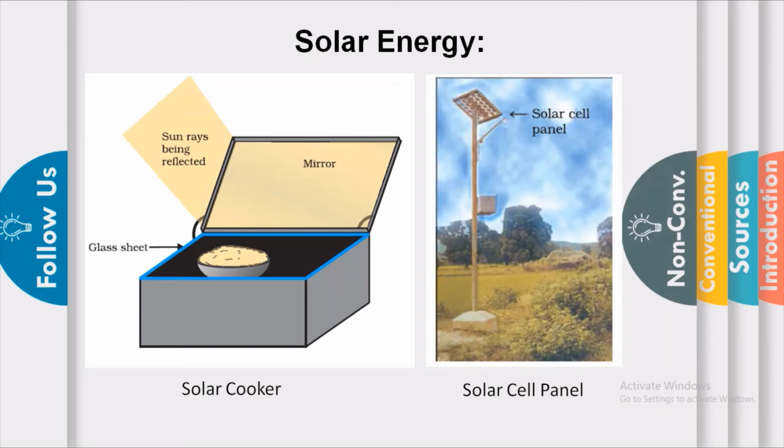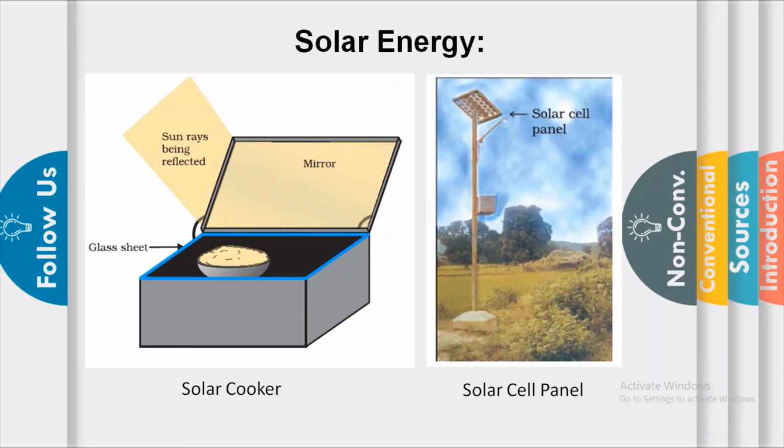Solar cells develop a voltage of 0.5 to 1 volt and produce 0.7 watt of electricity. Since a single solar cell produces a small amount of electricity, a large number of solar cells are combined to produce a solar cell panel. You can see it in the diagram also.